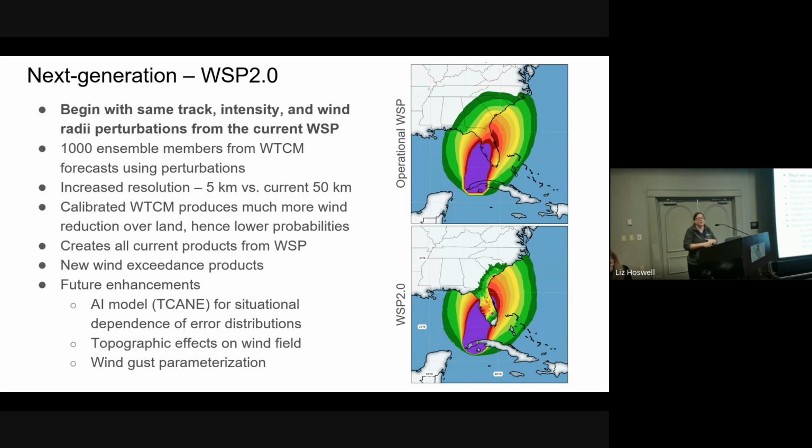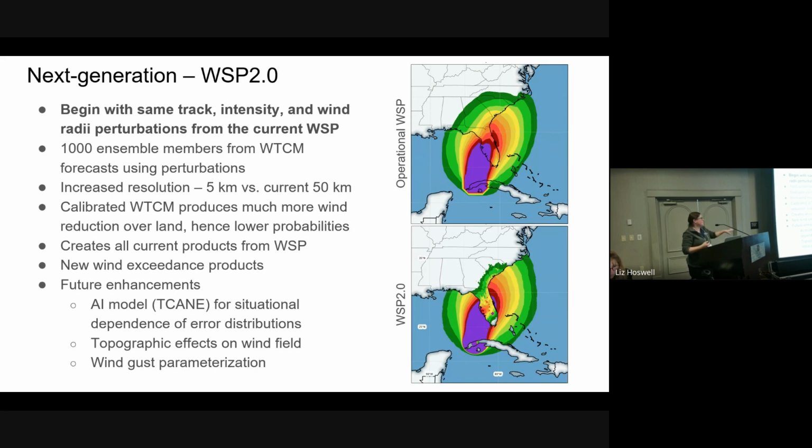Now, there's a lot of questions about the messaging of this and what it means to see those sharply reduced winds over land. And so there's a lot of work going on on that end, and also evaluating point-wise versus area probabilities. There's a lot of areas still being investigated. But it also produces all the current products for the wind speed probabilities, adds in the exceedances.